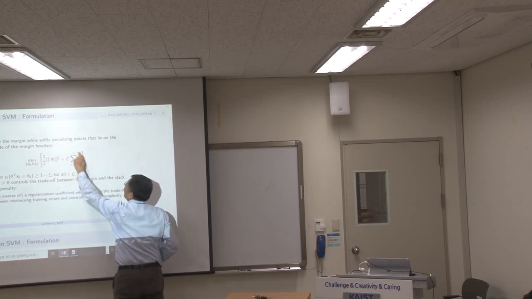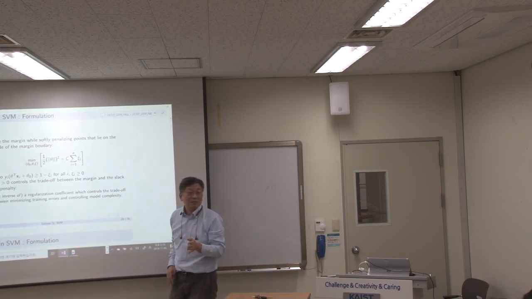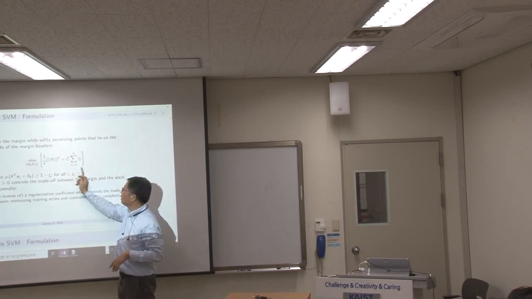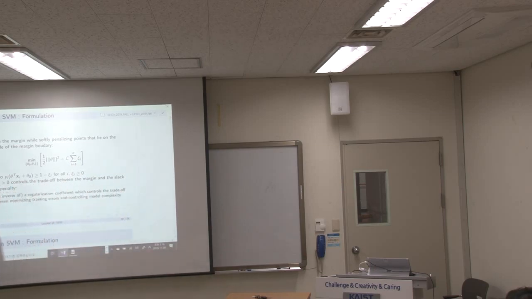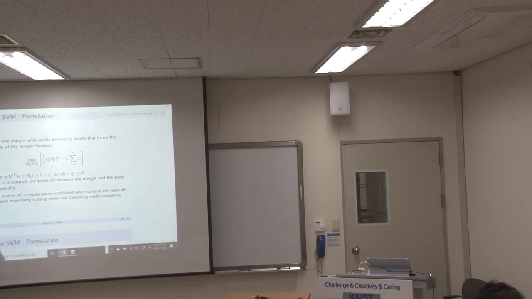In addition to that, I'm going to minimize the sum of the slacks. I want to minimize the overall wrong thing. And I've changed my constraint. Before, the functional margin had to be greater than or equal to 1. Now I'm making it 1 minus epsilon 1.